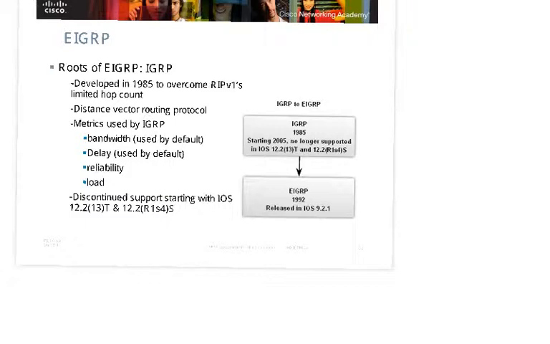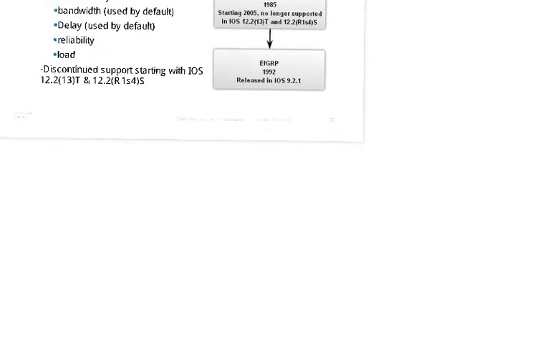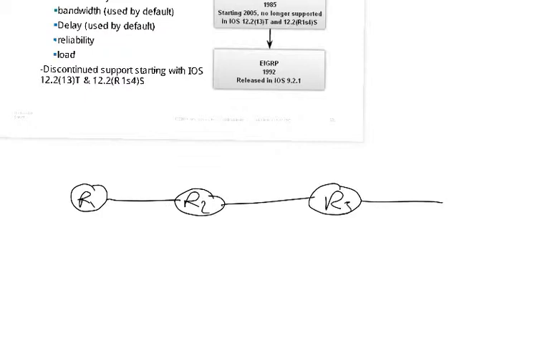If you have a full path, you have router 1, then router 2, then router 3, and so on.